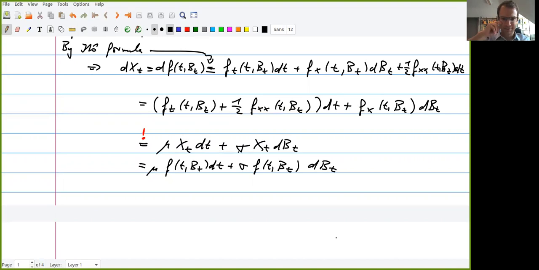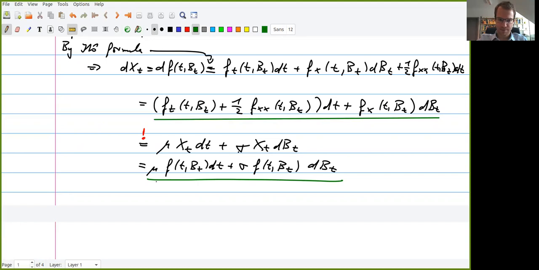But now we know that this here is an Ito process, and this here is an Ito process, right? If both are Ito processes, we can match the coefficients. The coefficients of the Lebesgue integrals have to be the same, and the coefficients appearing in the stochastic integrals have to be the same as well.